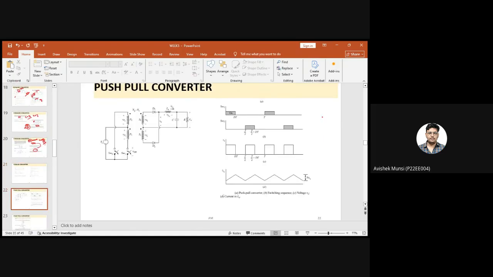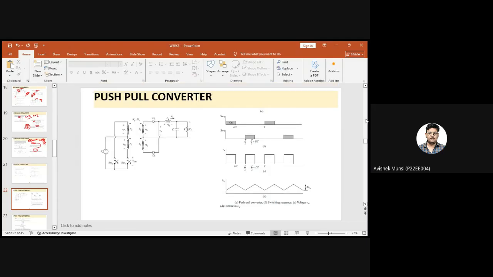Next is a push-pull type of converter, as we learned this week. This is a push-pull type of converter. So basically, in push-pull, we have a two-switch topology. Okay. Here also, when the switch is on, we get the switch on current and voltage.